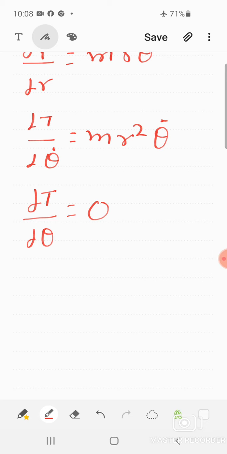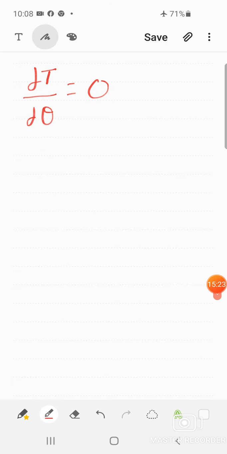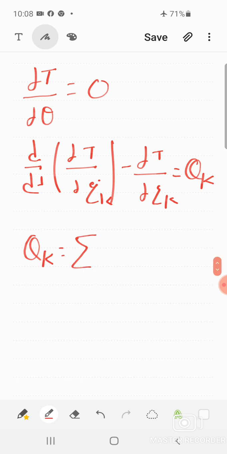Then putting the values in the general equation, that is the Lagrange equation, the general form of the Lagrange equation is d by dt of curl T by curl q dot minus curl T by curl q equal to the generalized force Q, where Q simply equals the summation over i of F i dot curl r i by curl q.